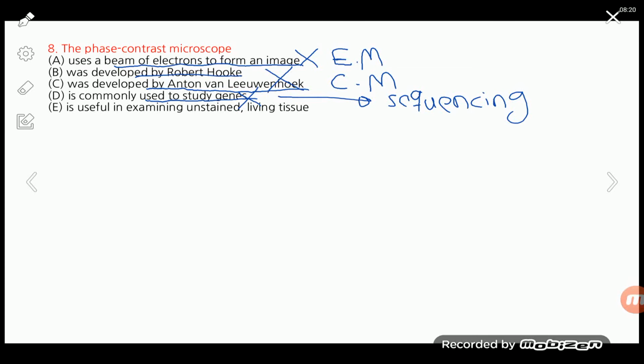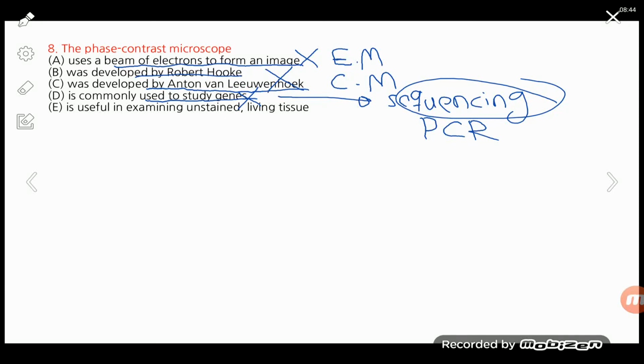Or we can use PCR, the polymerase chain reaction. PCR and gel electrophoresis are techniques used in molecular biology to study the specific genes that we want.